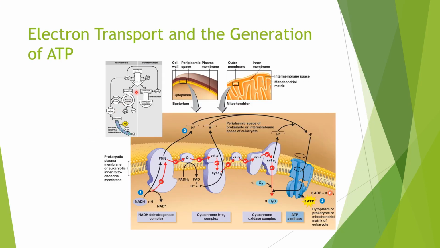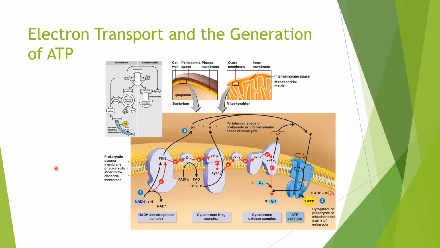So as we said, from glycolysis, we produce 2 ATP molecules. Then from the Krebs cycle, we produce another 2, so that's a total of 4. And from aerobic respiration, as we said, we produce about 32 ATP molecules for 1 glucose. That means the electron transport chain is going to be responsible for producing the highest amount of ATP.